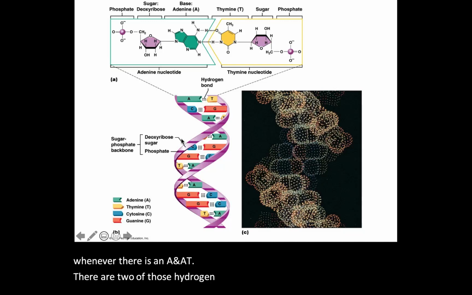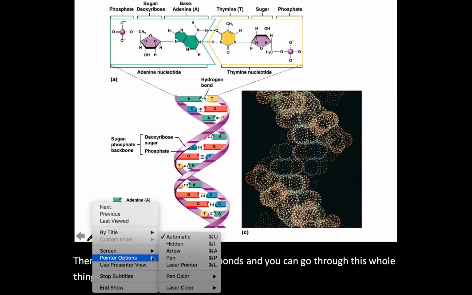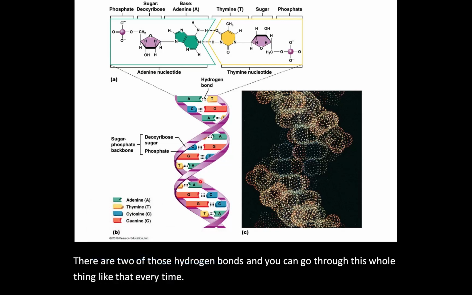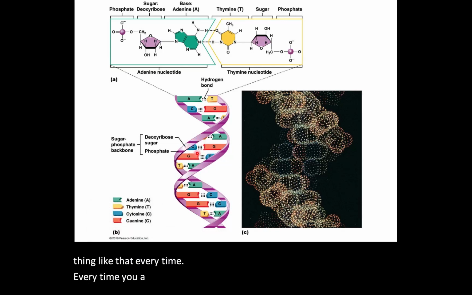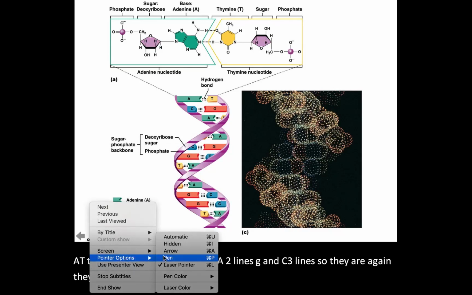Every time you see a G and a C, there's going to be 3 lines. And every time you see an A and a T, there's going to be 2 lines. So they are double and triple bonds.